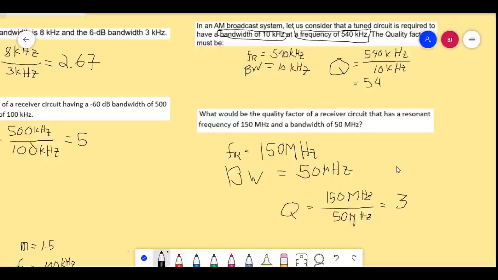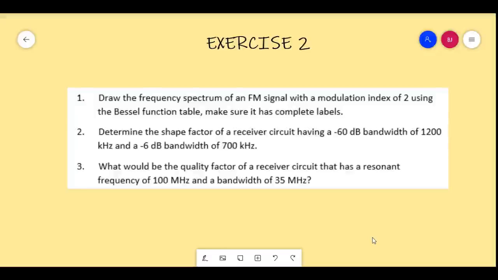Now, I'll be giving you some exercise examples so that you can check or test your understanding of today's discussion. And there we have it. We're able to finish our discussion for today.